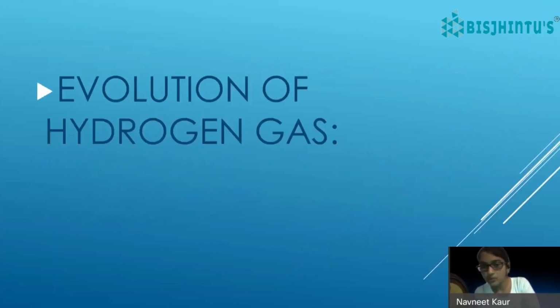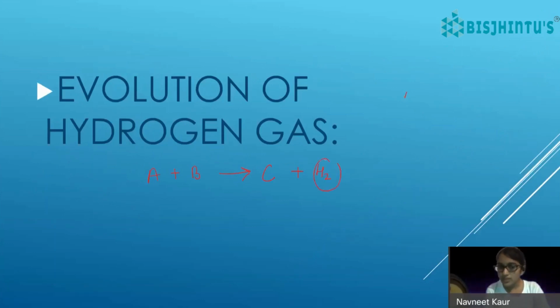So the first property is evolution of gas, and the very general example is A plus B. Let A be any compound, any metal we can say, and B is another compound. It leads to the formation of another substance C plus H2.